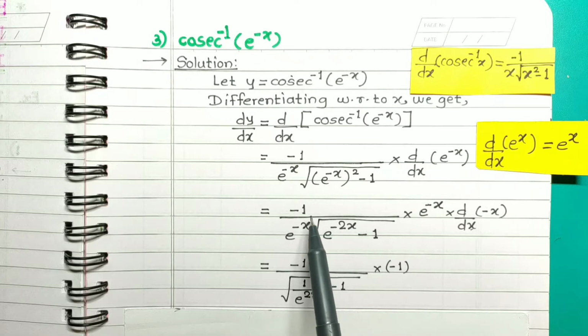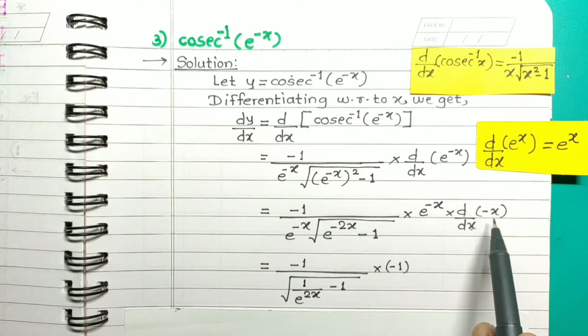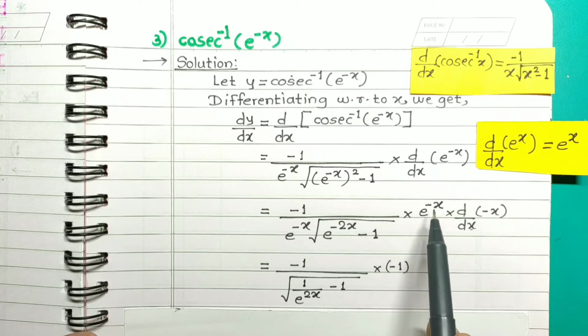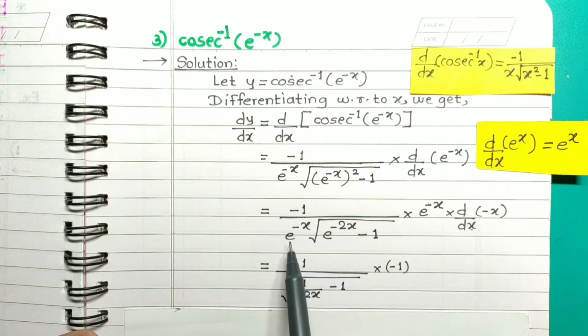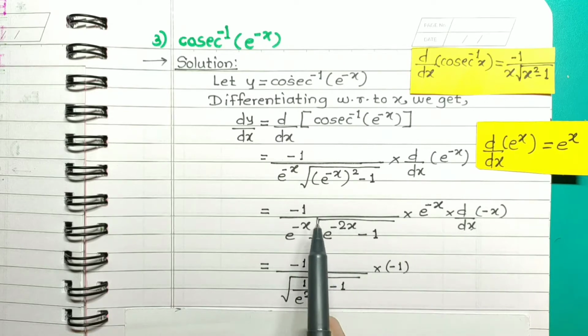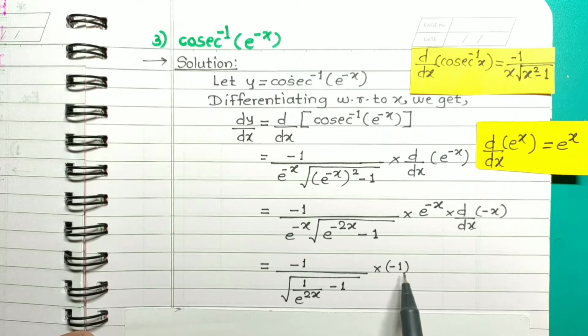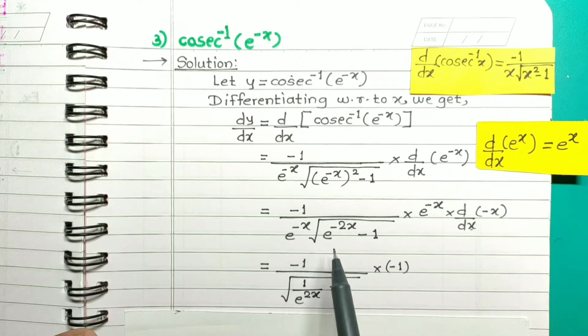Then to the next step, let's simplify the terms. Here see, minus, and this derivative is minus 1, derivative of minus x, and see this e raised to minus x and e raised to minus x terms get cancelled, and we have minus 1 into this derivative minus 1 at the numerator, and at the denominator see, we can write this e raised to minus 2x as 1 upon e raised to 2x.